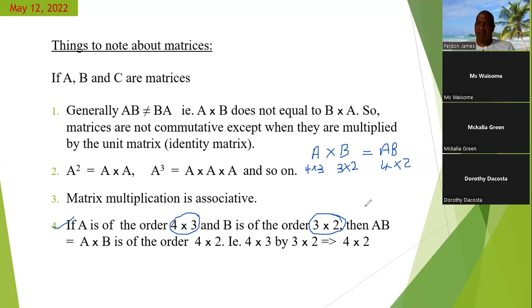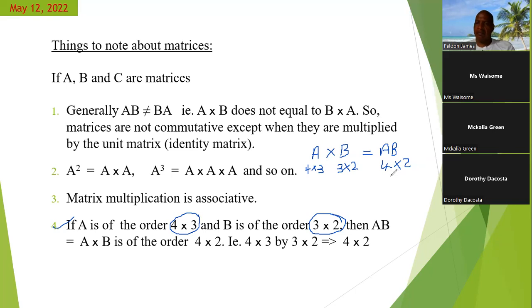Can anybody see anything based on the two matrices that we multiply? Can you see anything from the order of those two matrices that would suggest how we get the order of the product?